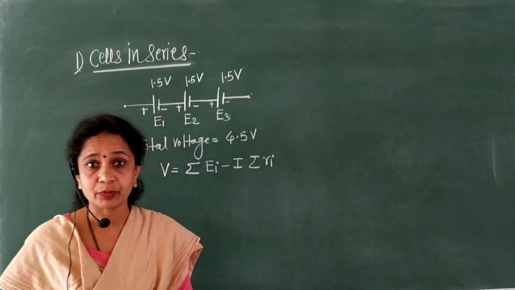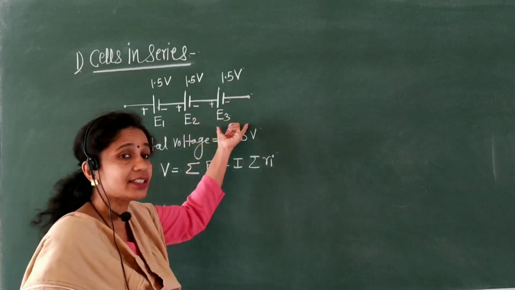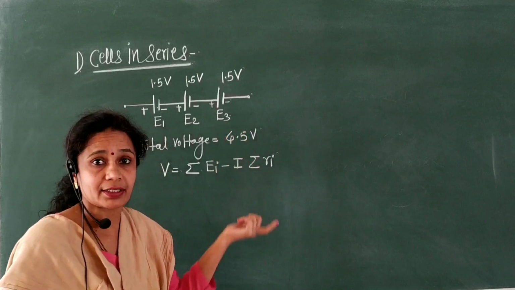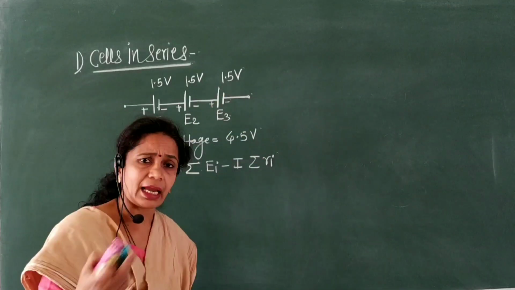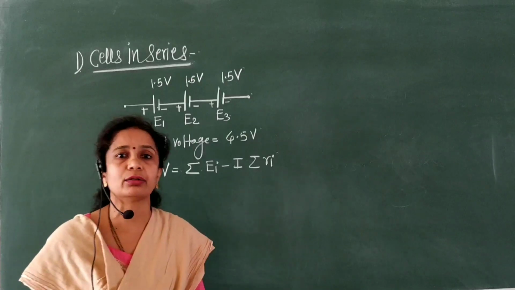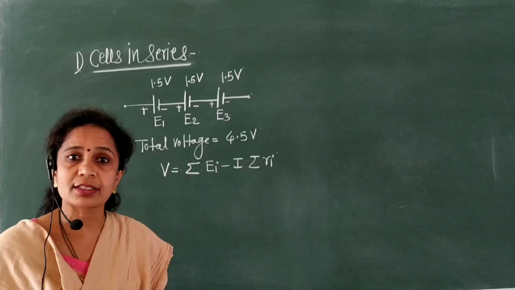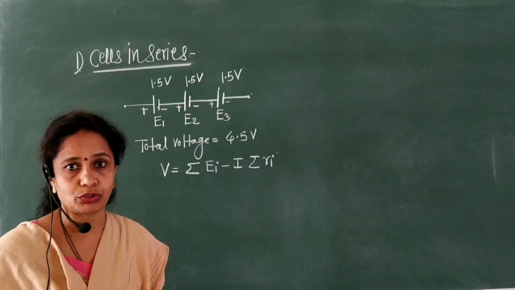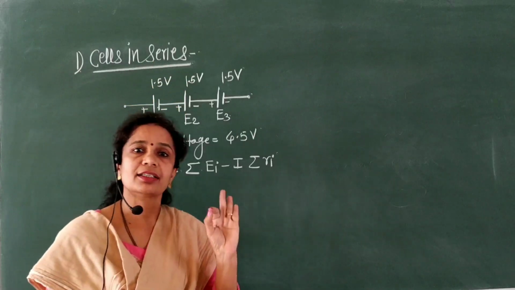And the cells which can be damaged can be identified easily and can be replaced again. This is the second advantage. एखादा जर सेल डॅमेज झाला असेल तर तो तुम्ही इझिली आयडेंटिफाय करू शकतात आणि त्या जागी दुसरा सेल हा रिप्लेस करू शकतात. This is the advantages of cells in series.